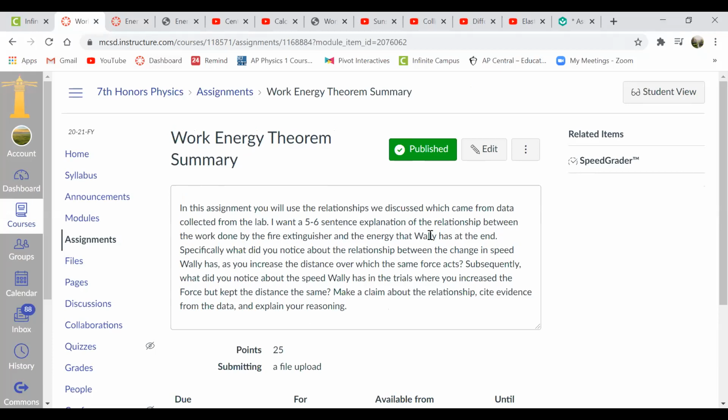That's the first 5 trials. Subsequently, what did you notice about the speed Wally has in the trials where you increased the force but kept the distance the same? That's the last 3. Make a claim about the relationship, cite evidence from the data, and then explain your reasoning. That would be a good 6 sentences. 2 sentences per, you're good to go. All right.